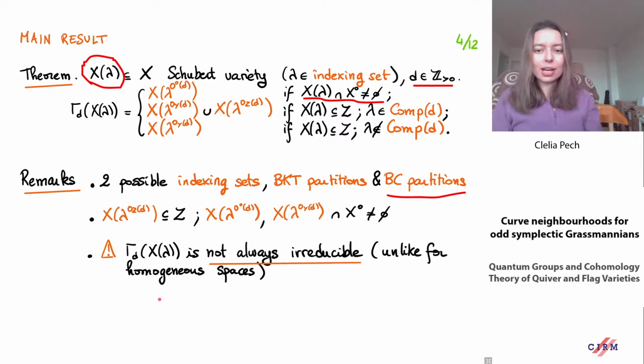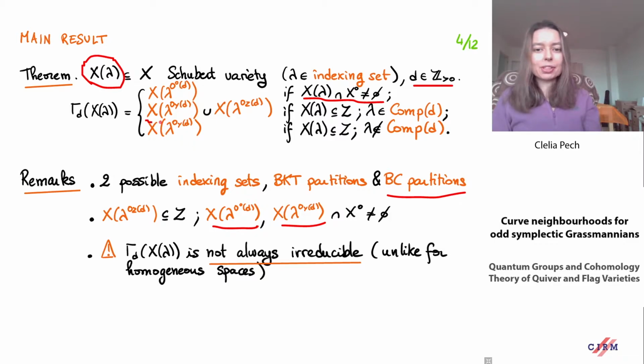And also I'd like to mention in the case where I have just one component, for the curved neighborhood, this component always intersects the open orbit non-trivially.